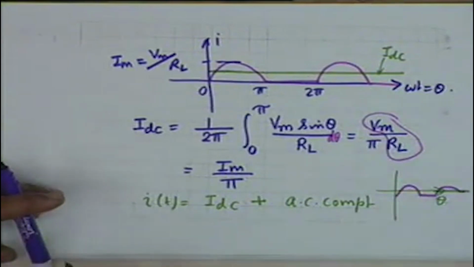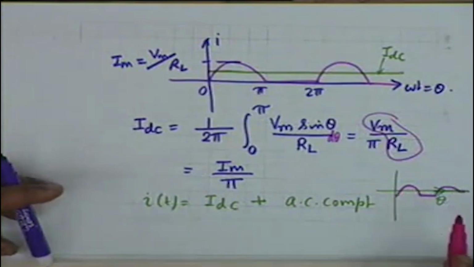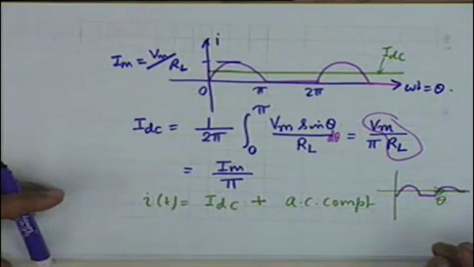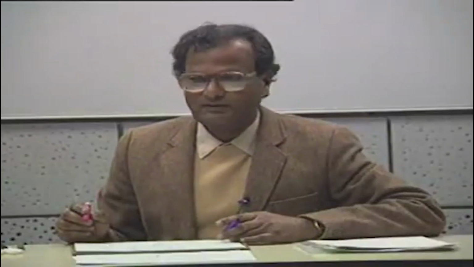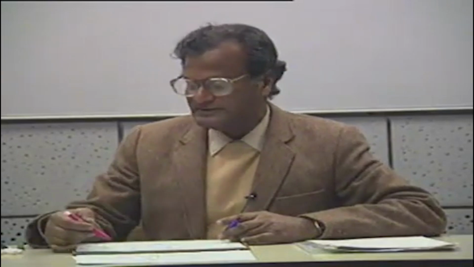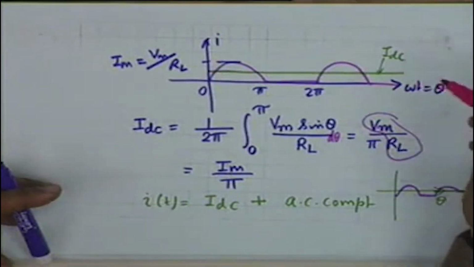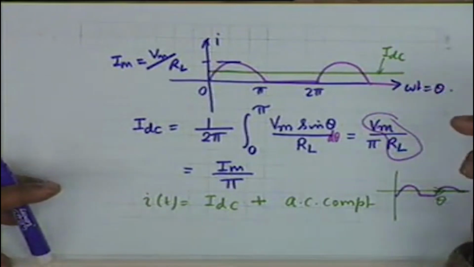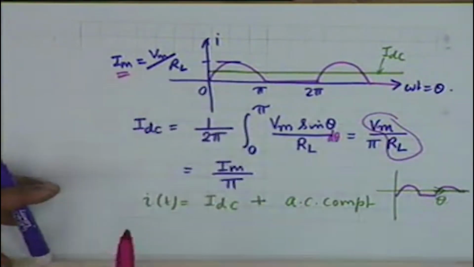It is as if it is a ripple superimposed upon IDC, and it is called indeed the ripple component. This is a rather bad case of rectification. The value of the ripple is the difference between the maximum value of the current and the minimum value of the current, and so the value of the ripple here is Im.